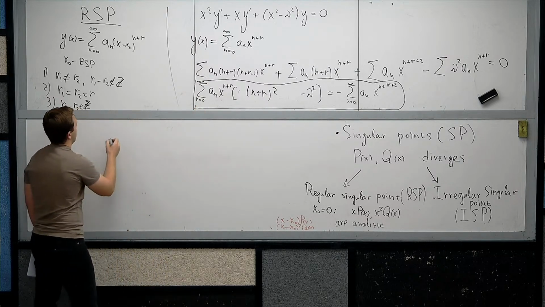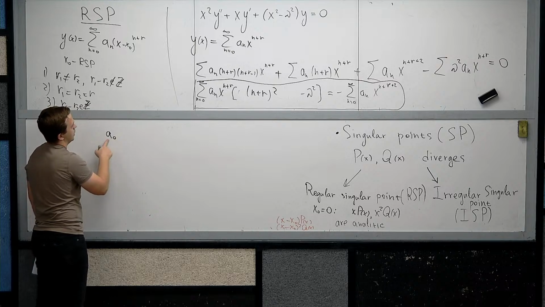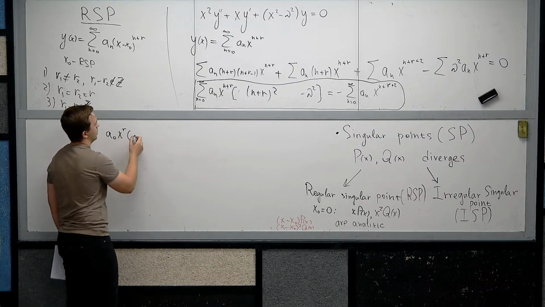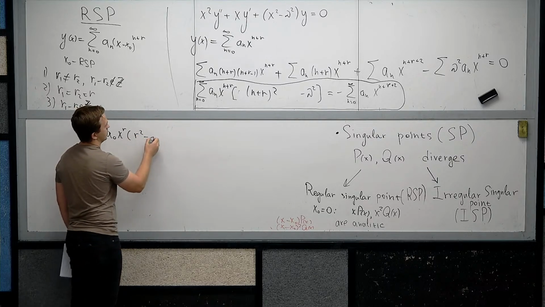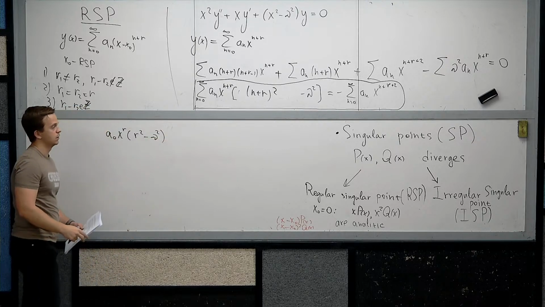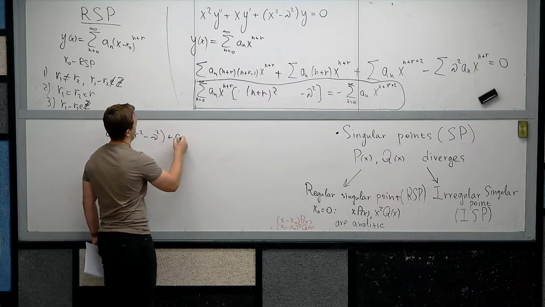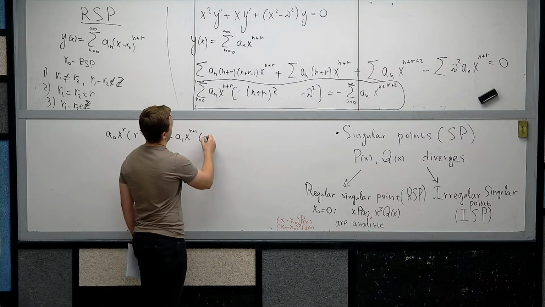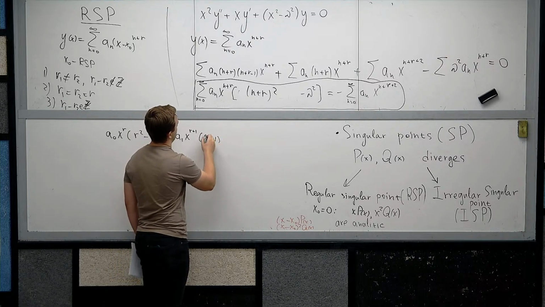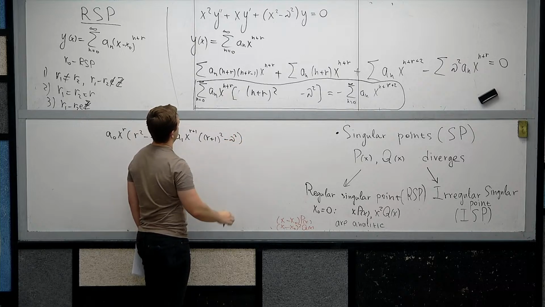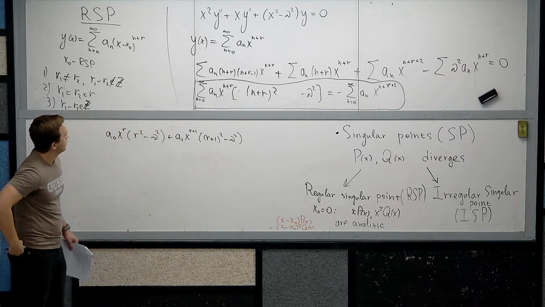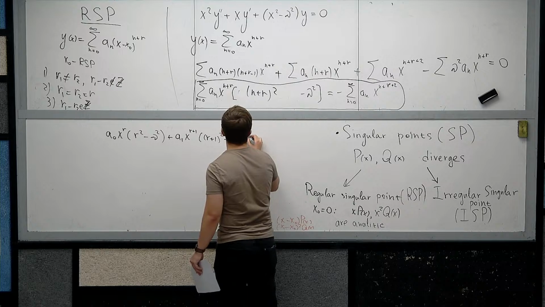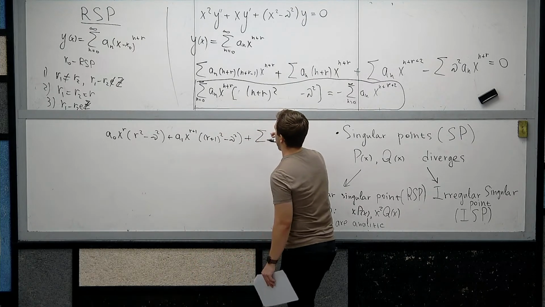The first term is a naught x to the r, r squared minus mu squared. Okay? This is the first term. The second will be a1 x to the r plus 1, r plus 1 squared minus mu squared. Okay? Here is the rest of the summation.